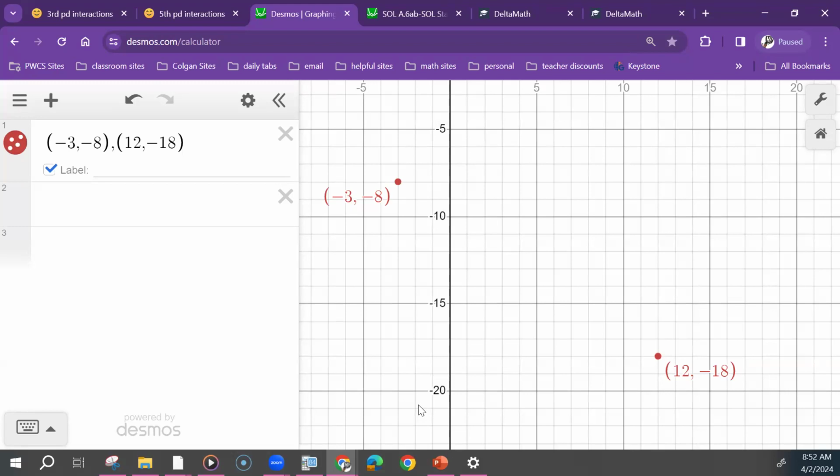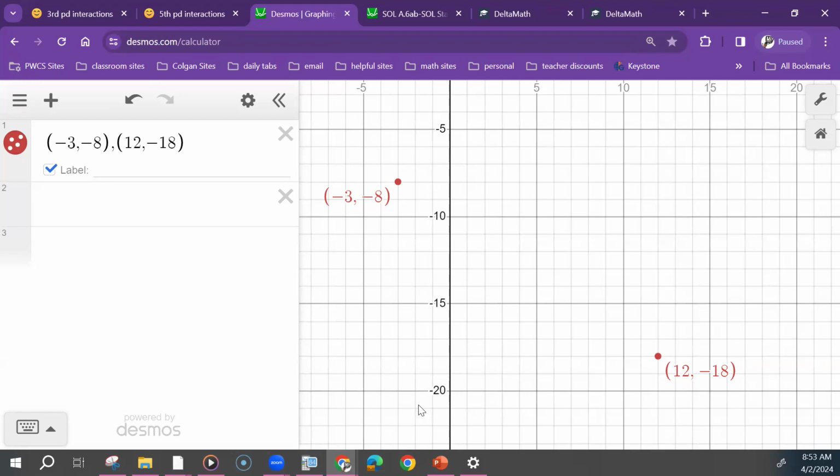So that slope would be a negative 2/3. Make sure it says equals m.